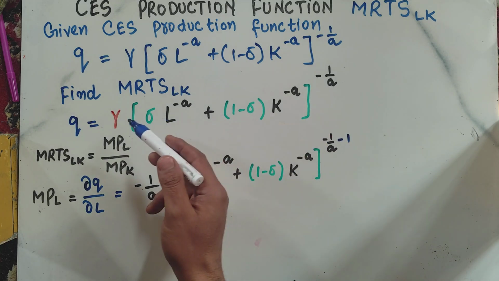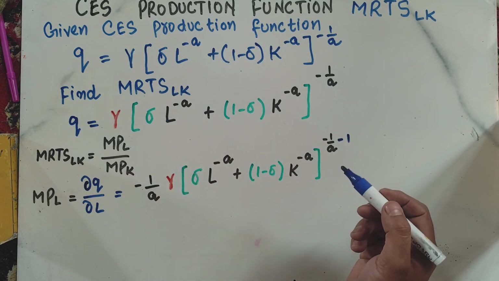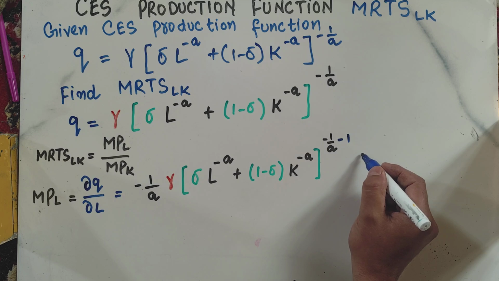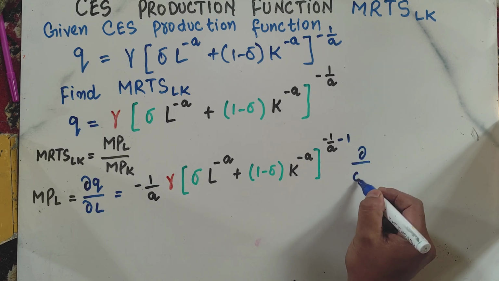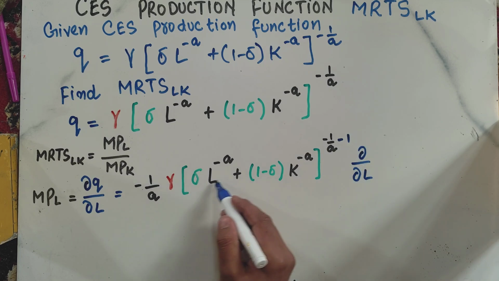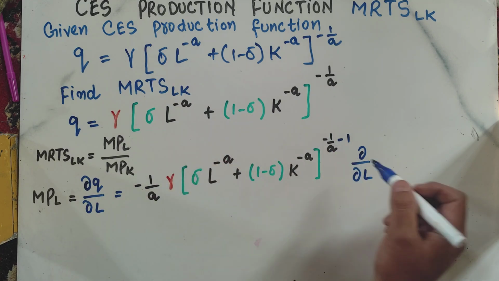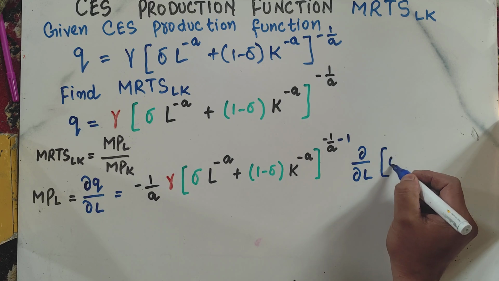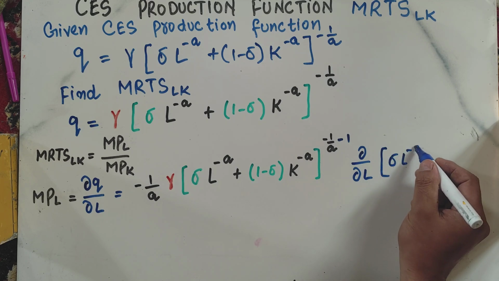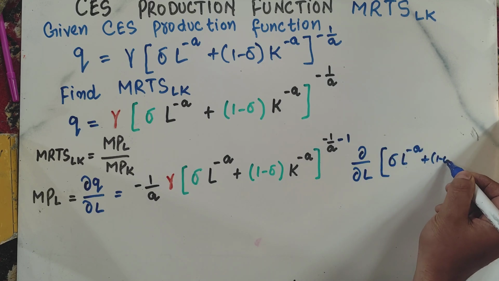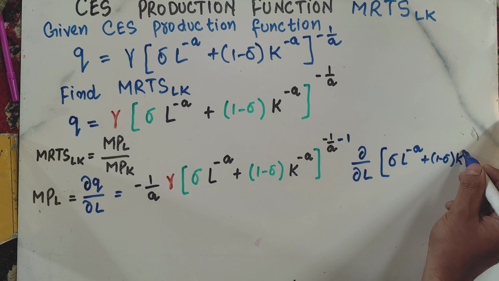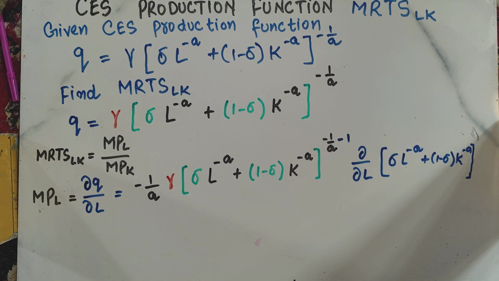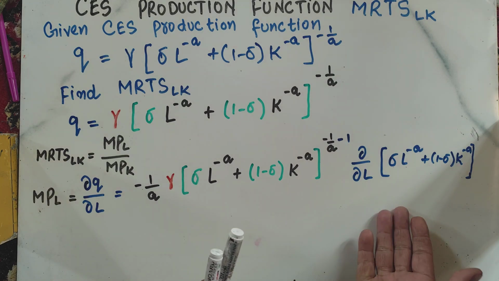So first we apply power function rule, then we apply chain rule, that is d upon dL of this expression which is in the bracket. So we have delta L raised power minus A plus 1 minus delta K raised power minus A. Okay, so we are applying here power function rule also, and also the chain rule.